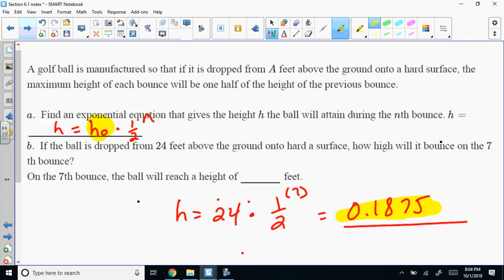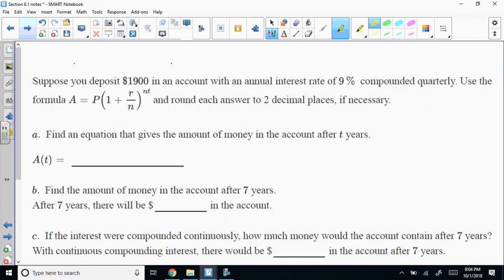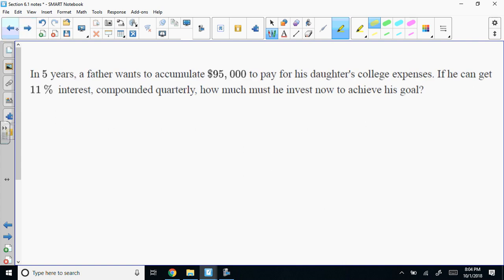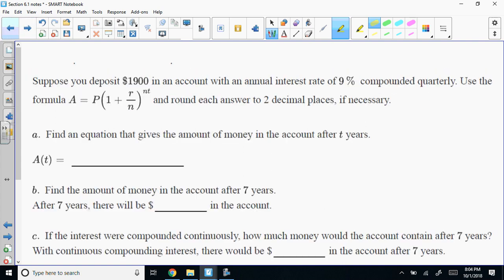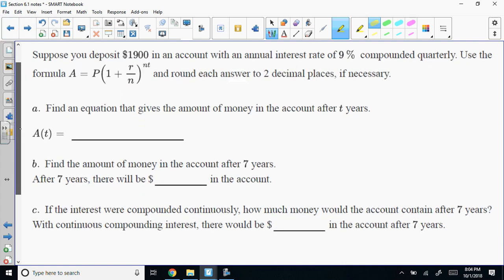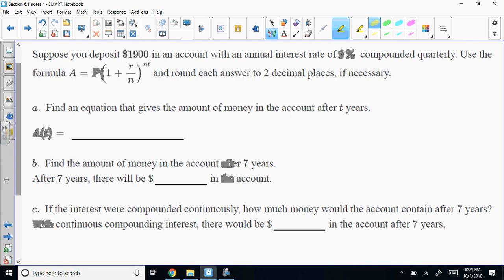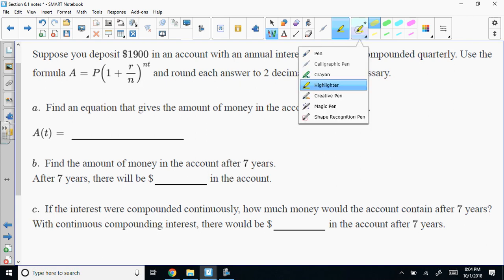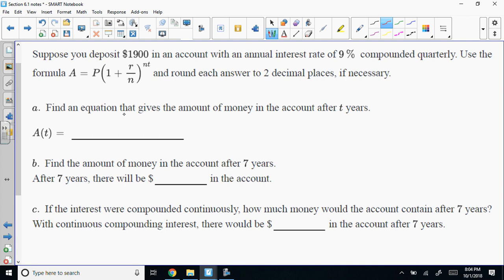All right, let's do this one. Suppose $1,900 is in an account with an interest rate of 9% compounded quarterly. Use the formula that's given and round each answer to 2 decimal places. We're dealing with money, so it should be 2, right? Find the equation that gives the amount of money after t years.